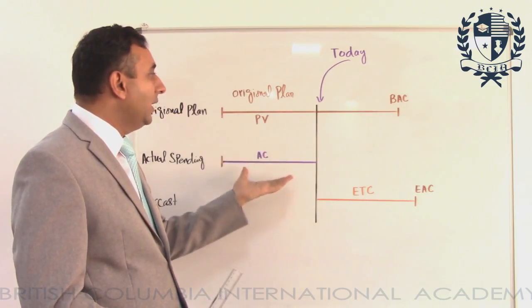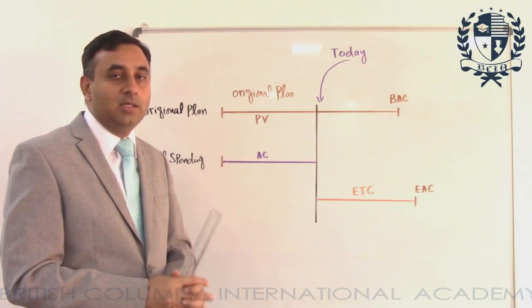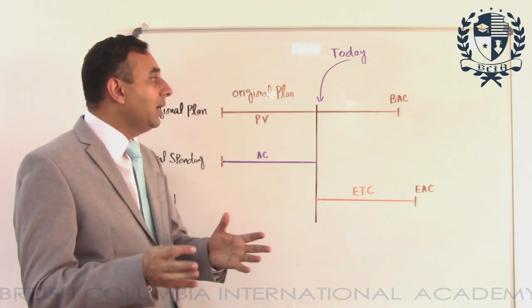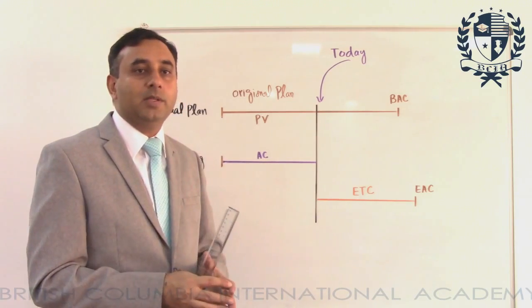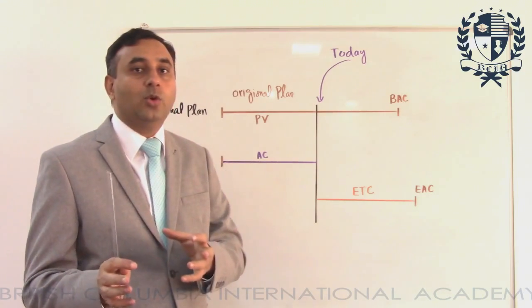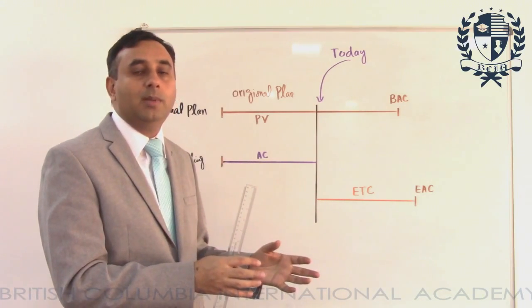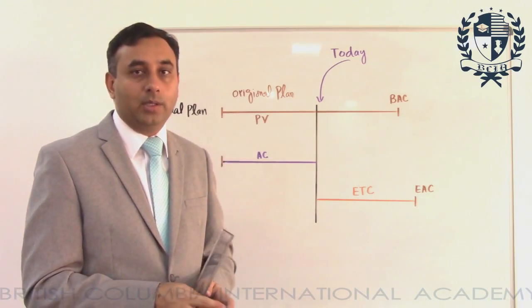From these two values we can see how much remaining amount we have, and also how much remaining project scope we have. Now we have to recalculate and see if the remaining scope can be completed with the remaining amount, and if not, then how much additional amount is required.